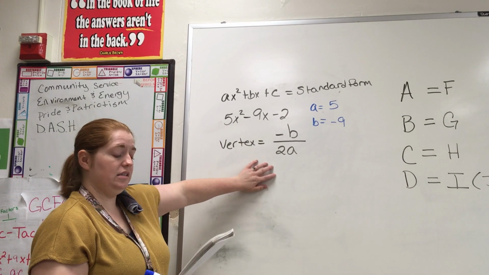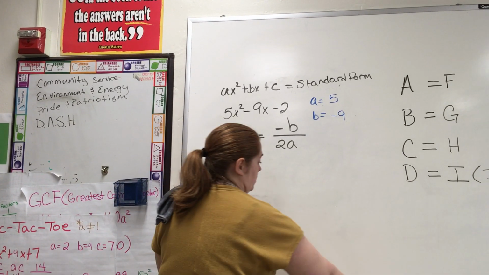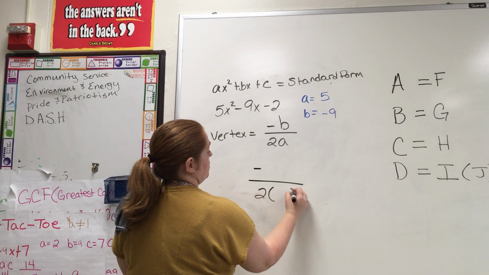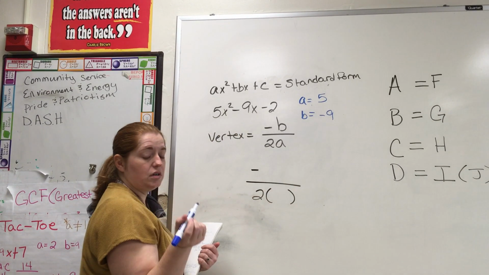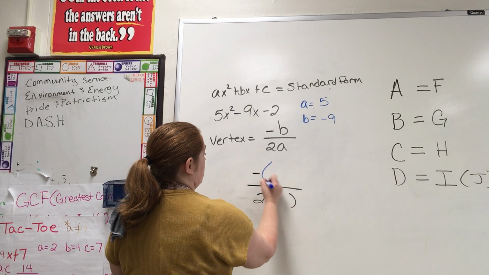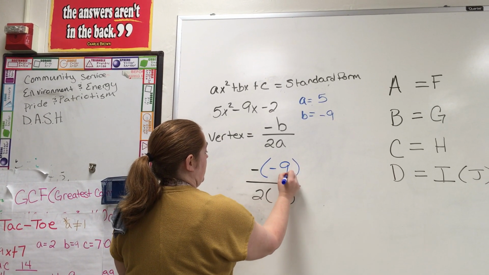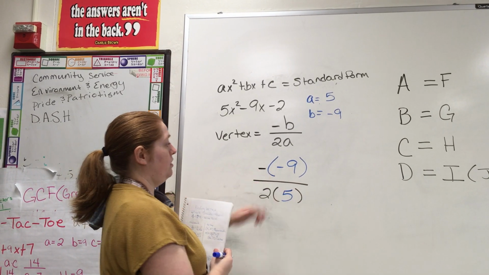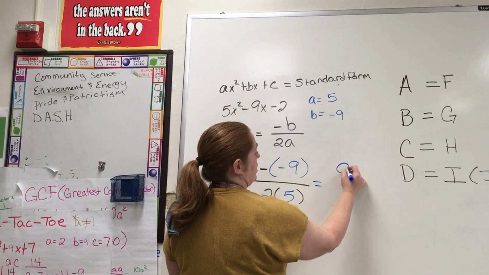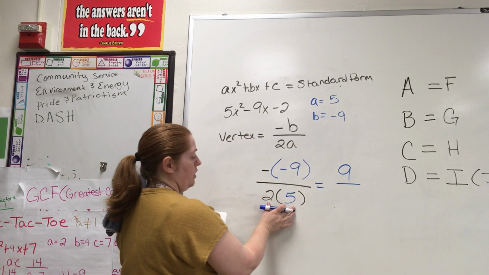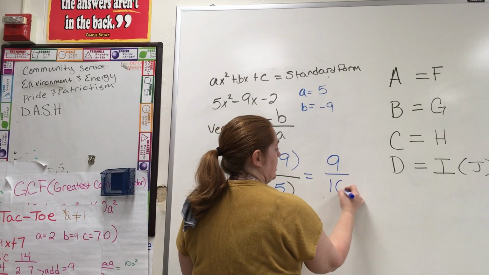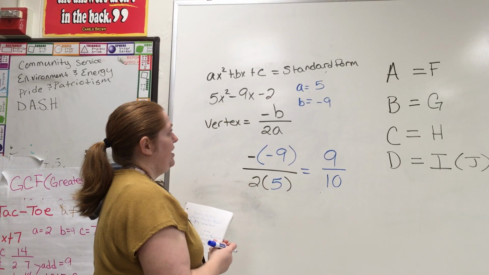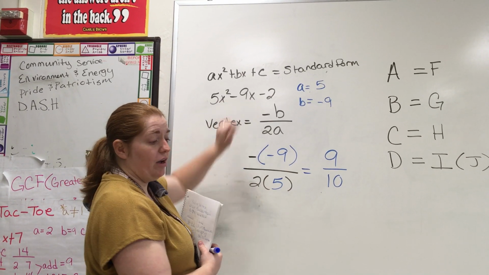So when we plug this into our equation, the stuff in black is going to be what's in the equation no matter what, and the stuff in blue is our a and b. So the opposite of negative 9 all over 2 times 5. Well, a double negative gives me a positive. So I wind up with 9 over, and 2 times 5 gives me 10. So this, ladies and gentlemen, is the x portion of my vertex.